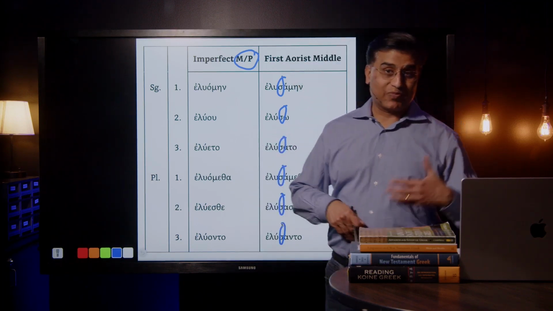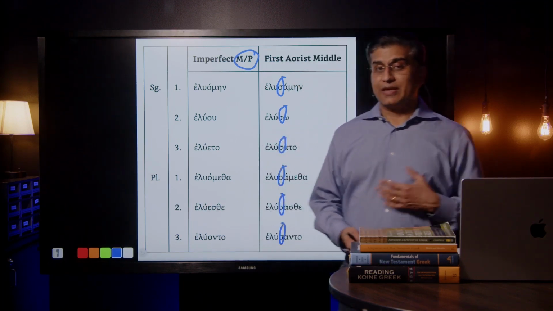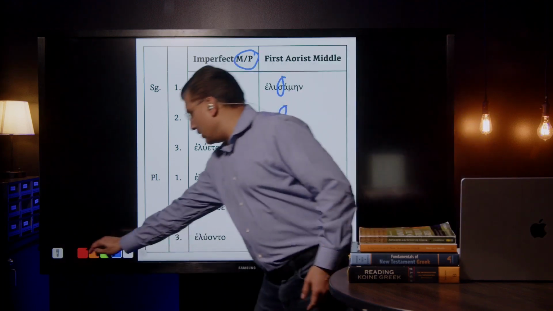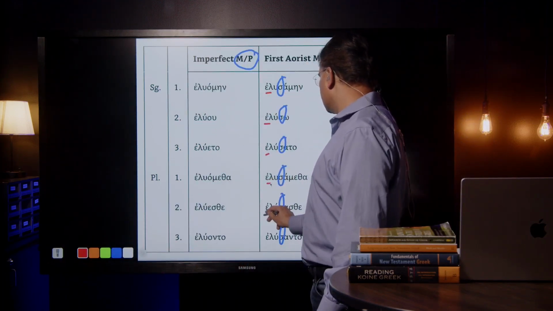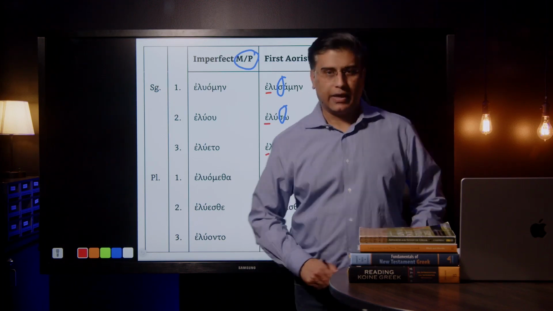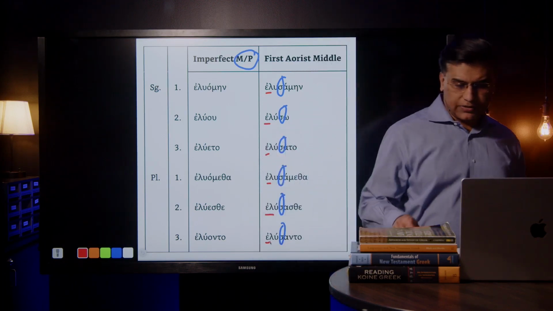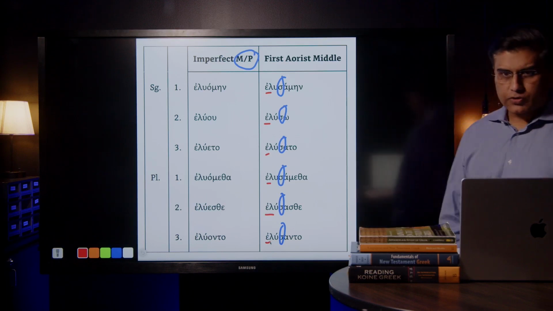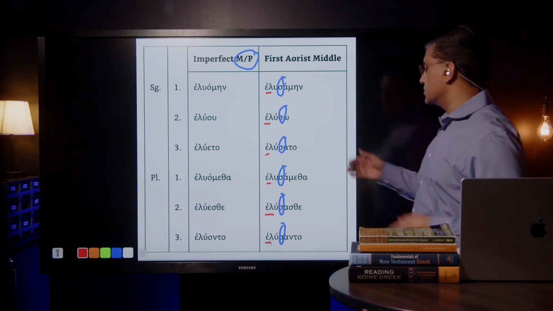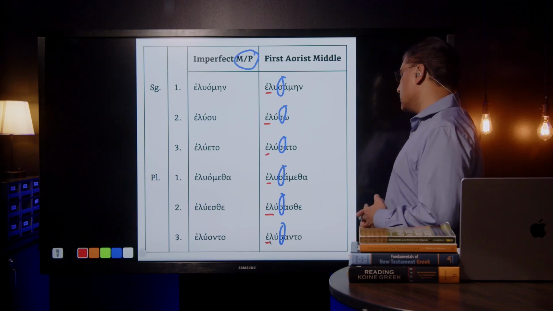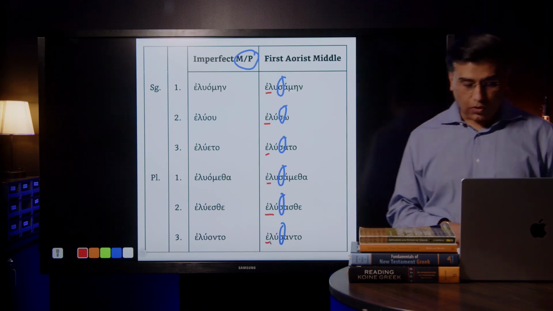The difference between future and aorist is that aorist has the prefix e. So how do you say this? This is the first aorist middle: elusamen, eluso, elusato, elusametha, elusasthe, elusanto.